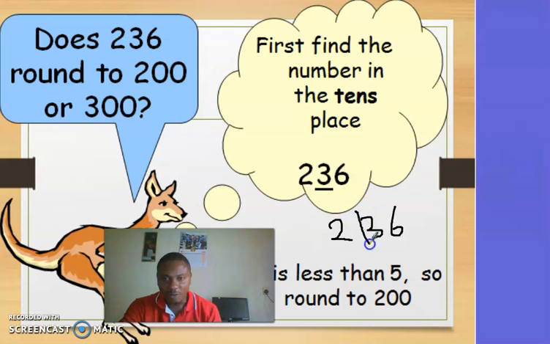This is the number we're going to look at. We're going to look at 3. Can 3 add? No. 3 is between 0 and 4. It means that these other numbers will turn to 0, so we need to round it down to 200. So 236 will be rounded to 200.